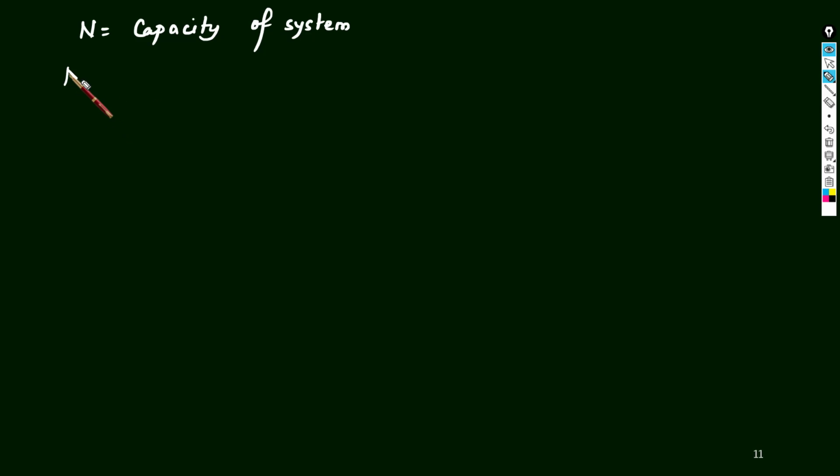So obviously the number of customers in the system, we have to calculate, can be from 0 to n, anything. Clear?